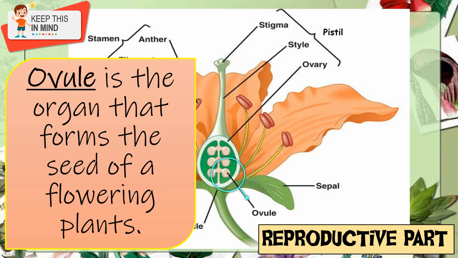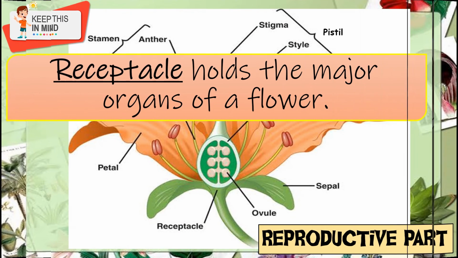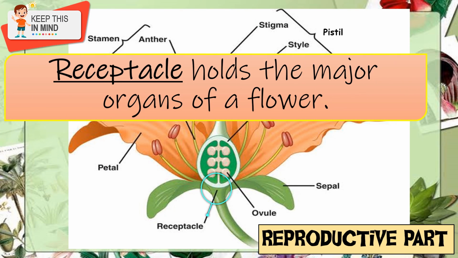Ovule is the organ that forms the seeds of flowering plants. Receptacle is the thickened part at the bottom of the flower which holds its major organs.